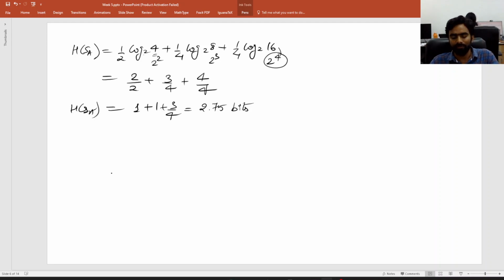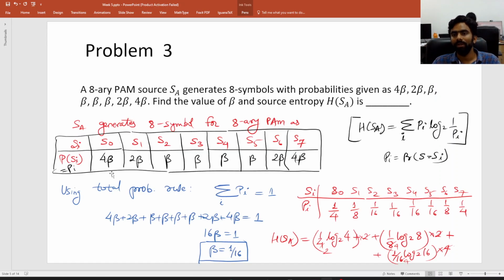Okay. Have you understood the concept? Because here we have to see that the total probabilities of all the symbols will be 1. And one more thing, a question can come where there are two symbols with equal probabilities. Then, if equal, it would be p plus p, let's say, that would be half half.